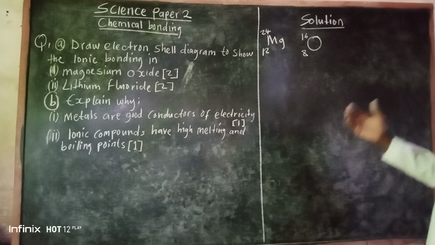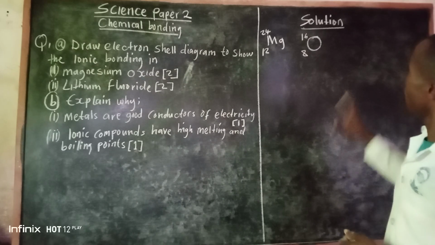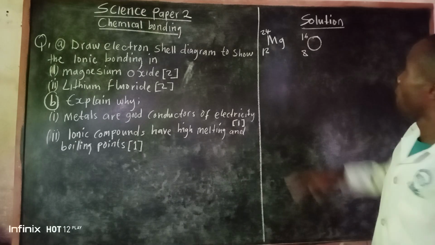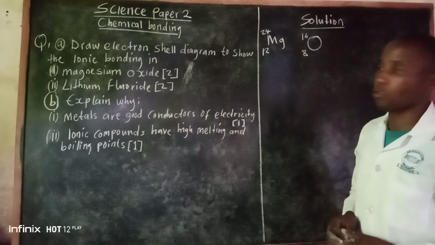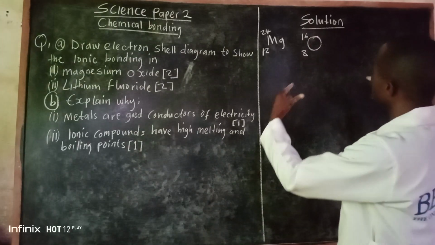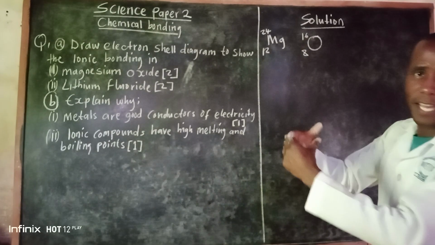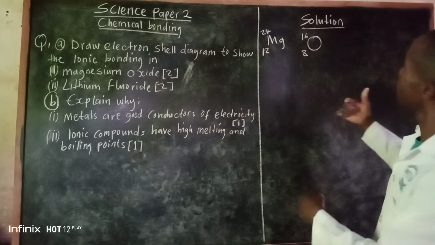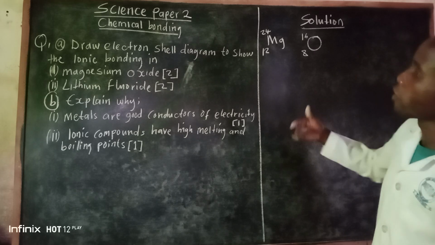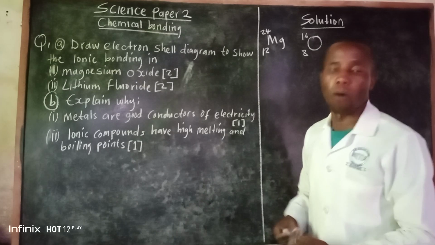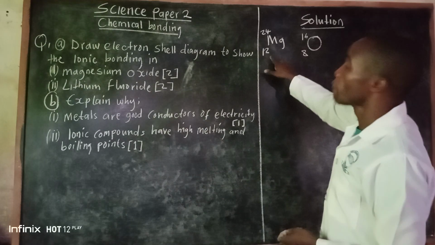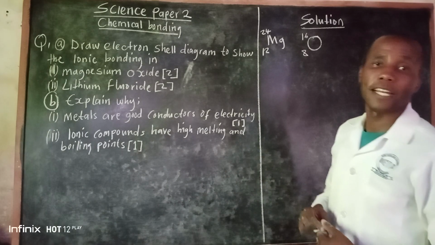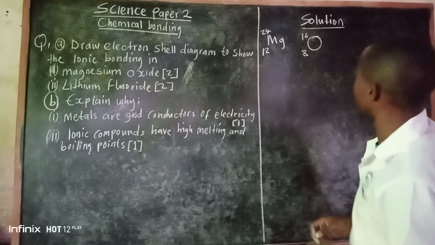Now when you look at these two elements, they are all found on the periodic table. But this one is a metal and oxygen is a non-metal. No wonder when these two come together or react, they make a compound known as an ionic compound, because here it involves the transfer of electrons.